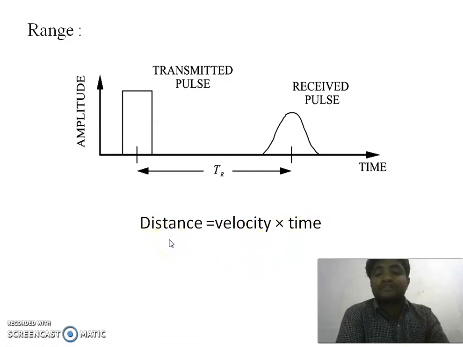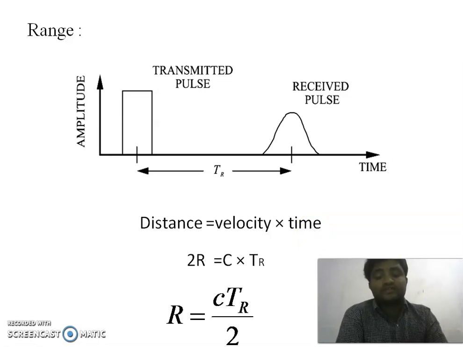The total distance traveled is 2R, the velocity is the velocity of light, c, and the total time taken is TR. From this we get the range of the target: R equals c into TR by 2. This is a very, very important equation. The range of the target is c into TR by 2.